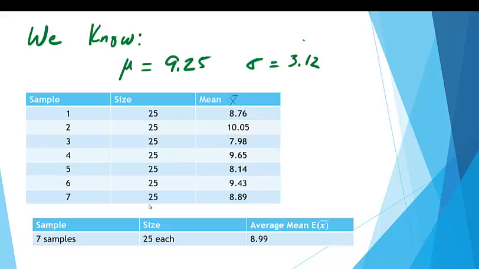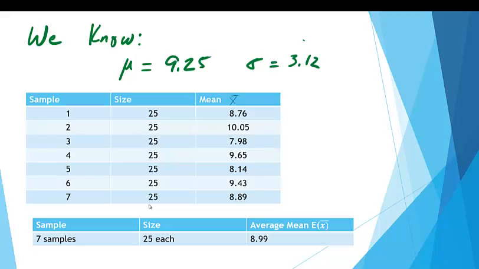So in summary then, what I want to show you here is that in our 7 samples of 25 students each, the mean of our samples was actually less than what we know to be our true population mean.